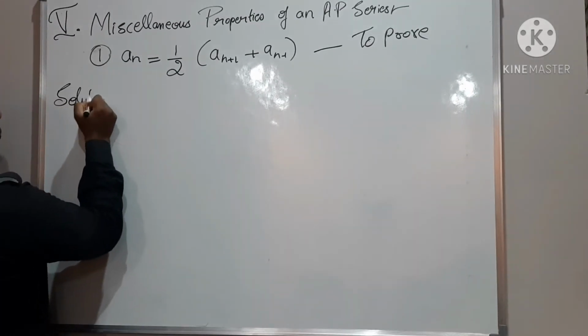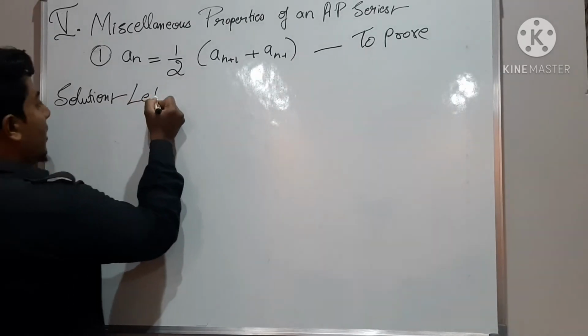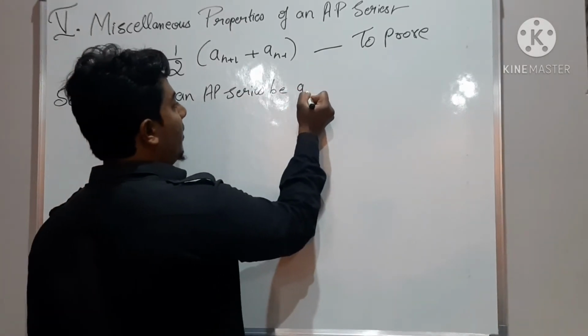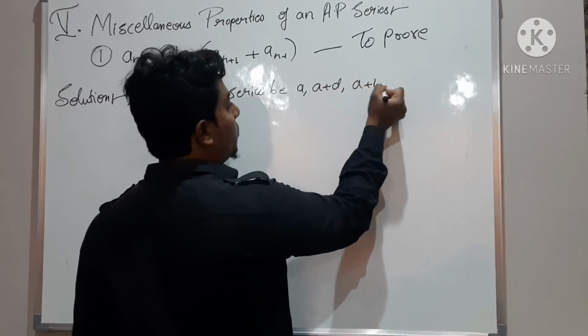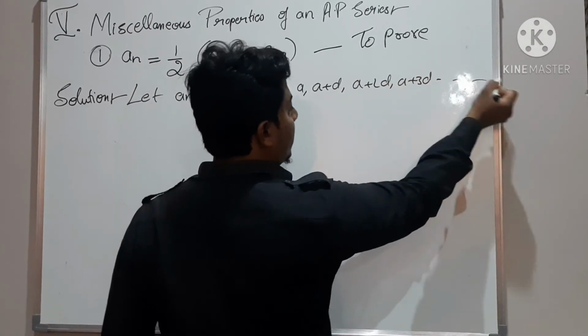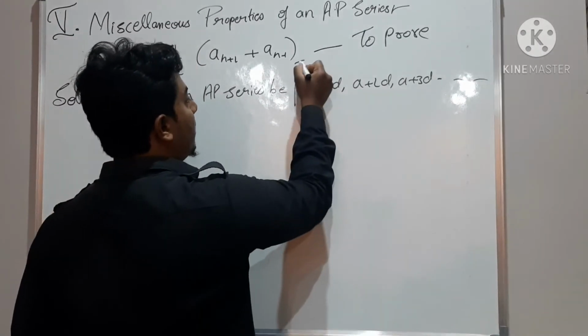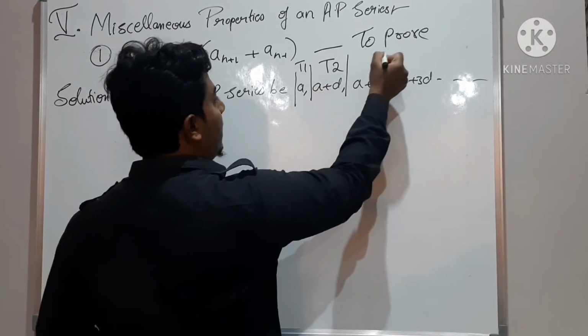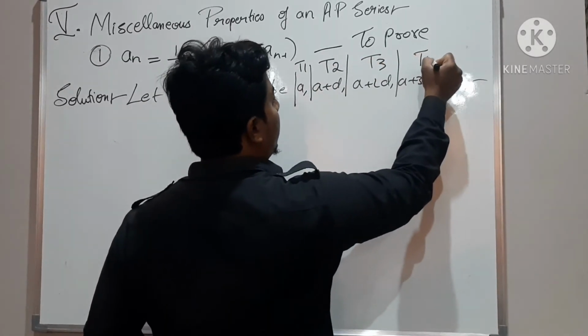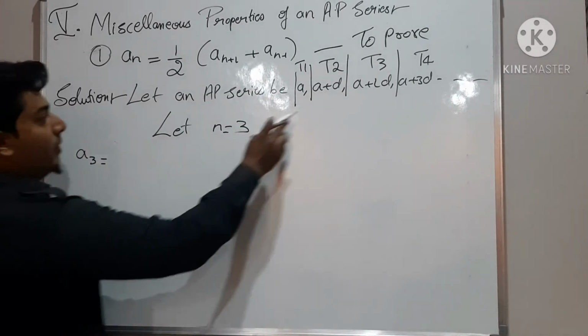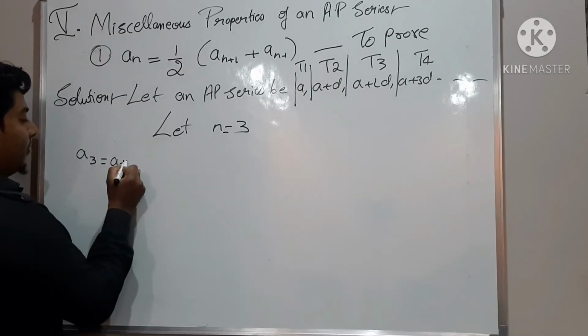Solution: let an AP series be A, A plus D, A plus 2D, A plus 3D, etc. Usually this is given as term 1, term 2, term 3, term 4. Let n be equal to 3. So A3 is A plus 2D.